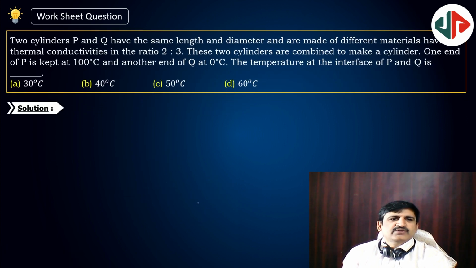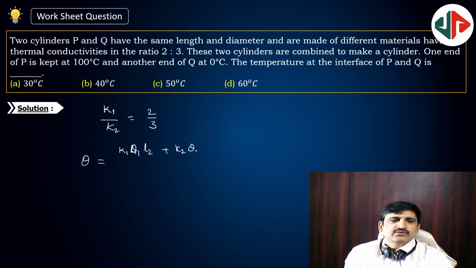Two cylinders P and Q have the same length and diameter and are made of different materials having thermal conductivities in the ratio K1 by K2 equal to 2 by 3. These two cylinders are combined to make one cylinder, with one end at 100 degrees and the other at 0 degrees. The temperature at the interface of P and Q is theta equal to K1 theta 1 L2 plus K2 theta 2 L1 by K1 L2 plus K2 L1.